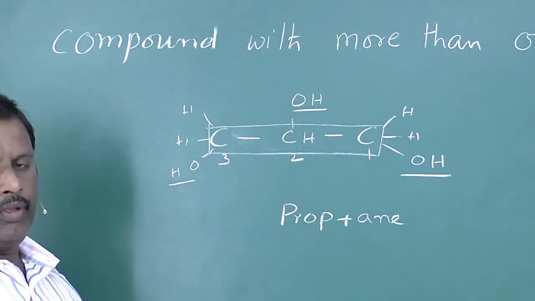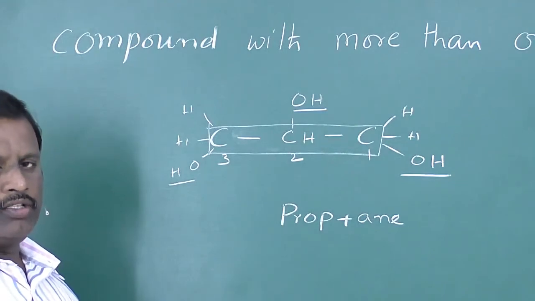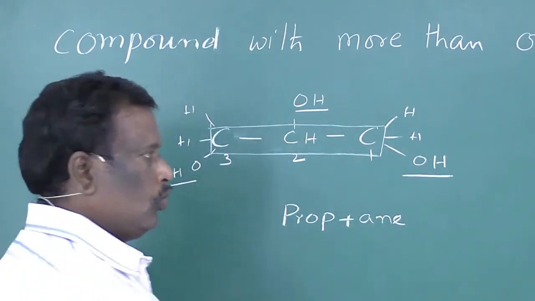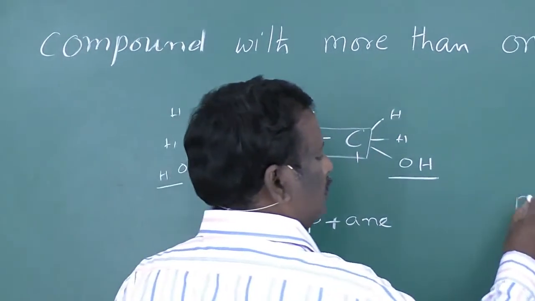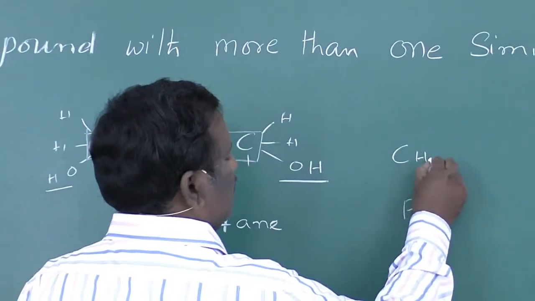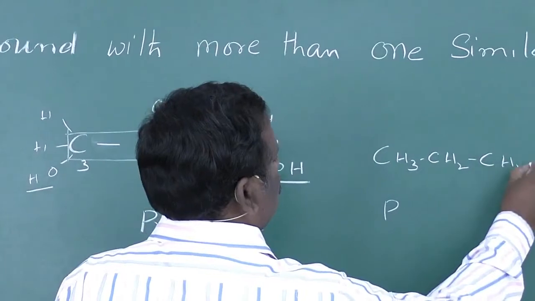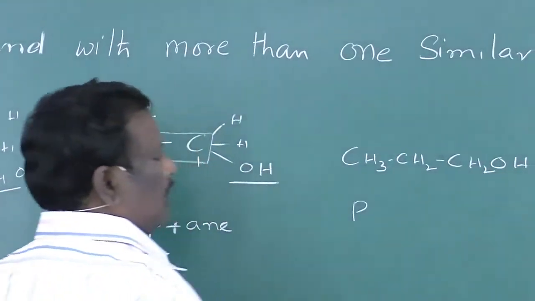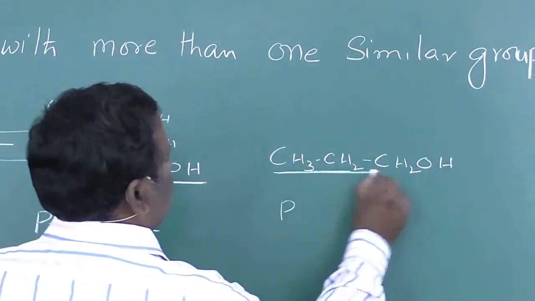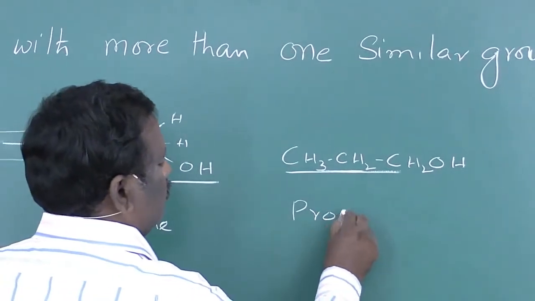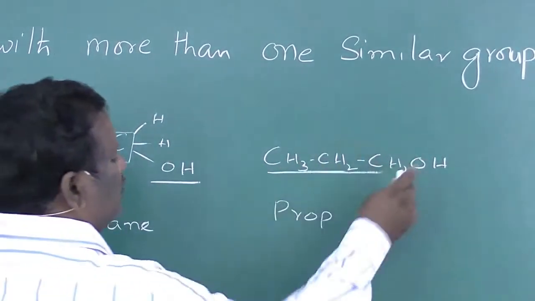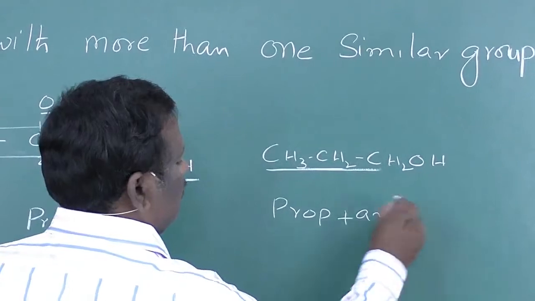Generally, when we are naming alcohols, what will you do? Root word, suppose if it is CH3, CH2, CH2, OH. How will you name it? Since 3 carbon atoms are there, prop. Since all are single bonds, ane.